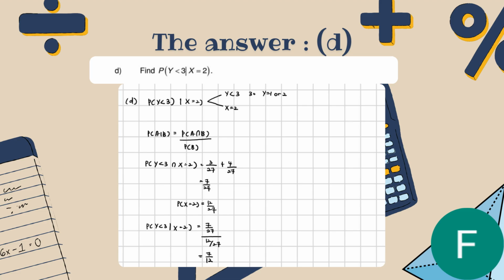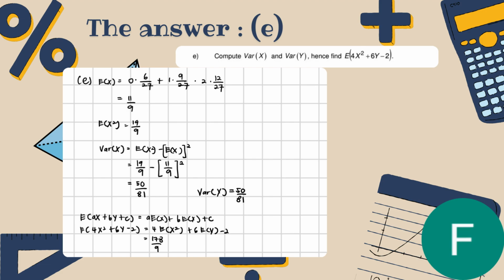So, probability of y less than 3 given x equals 2 equals probability of y less than 3 and x equals 2 divided by probability of x equals 2. Substituting the values, I get 7 over 27 divided by 12 over 27. After simplifying, the answer is 7 over 12.